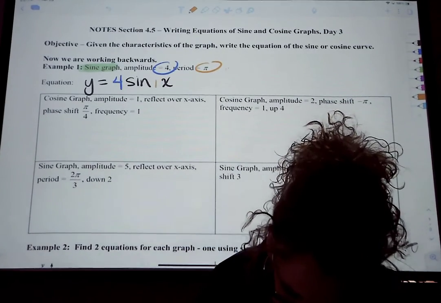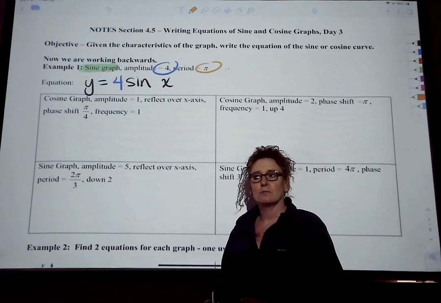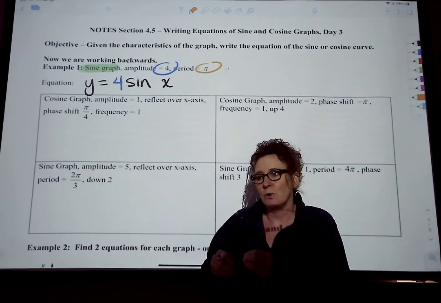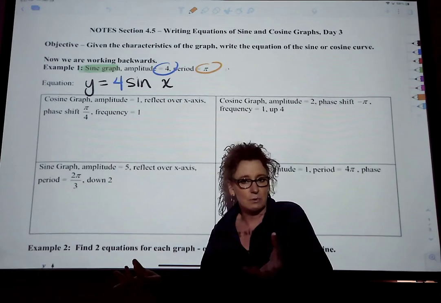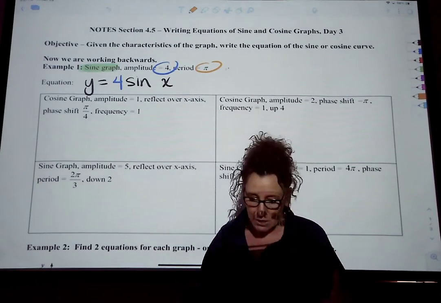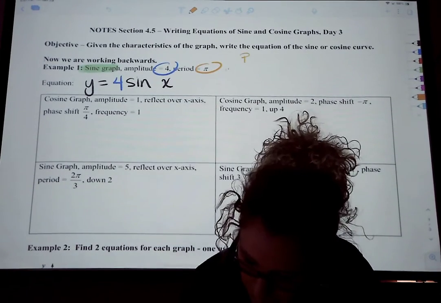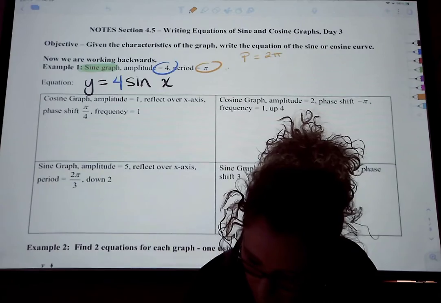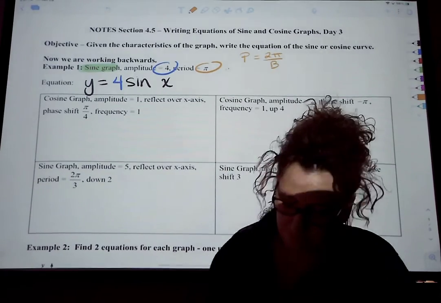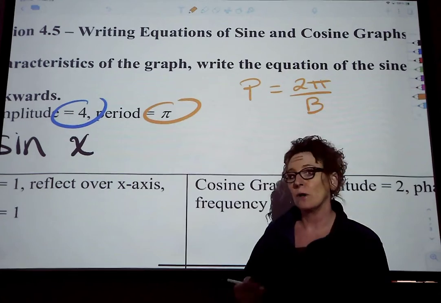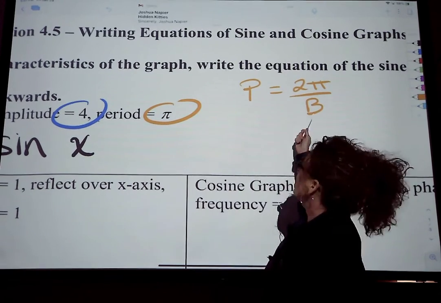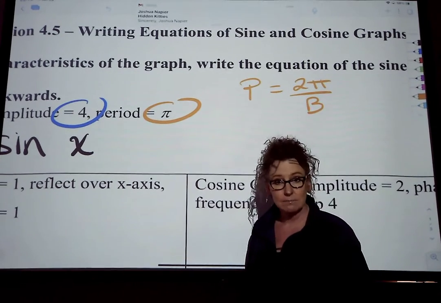In the last set of notes, we knew the B value and used the little equation to figure out the period. Now we're going to use the same equation. Remember how the equation is period equals 2 pi over b? At that point we knew b, so we put b there. Do we know b now?